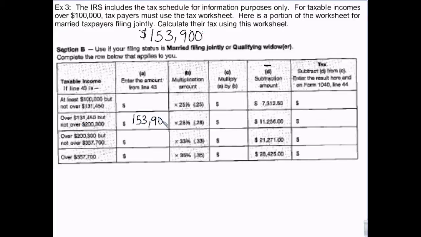You put in their income right there, and then it says multiply by 0.28. So I'm going to take their income and multiply by 0.28, and that goes here. That's a 9. And then subtract this amount, so minus 11,256. And that's your tax bill.